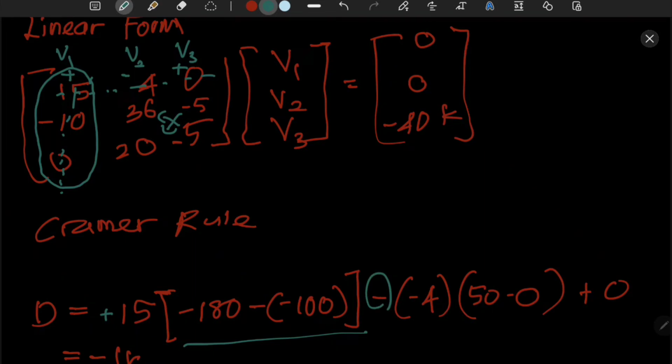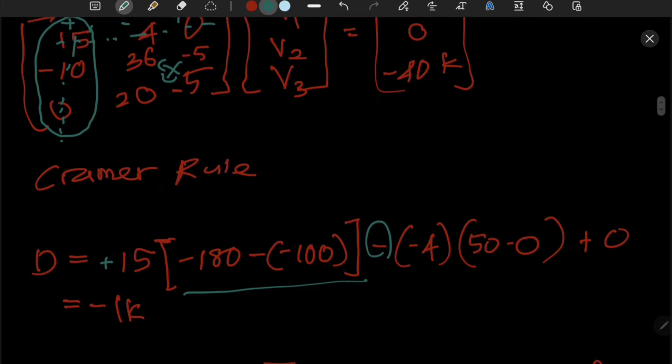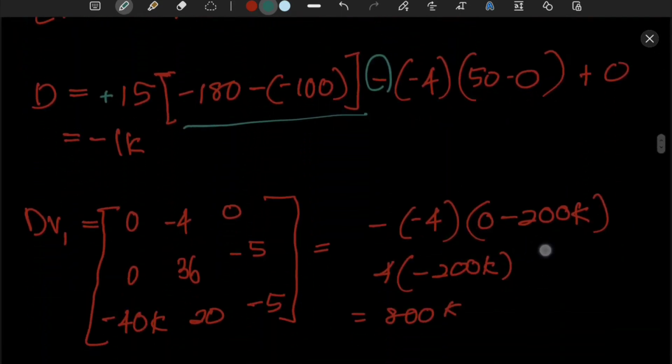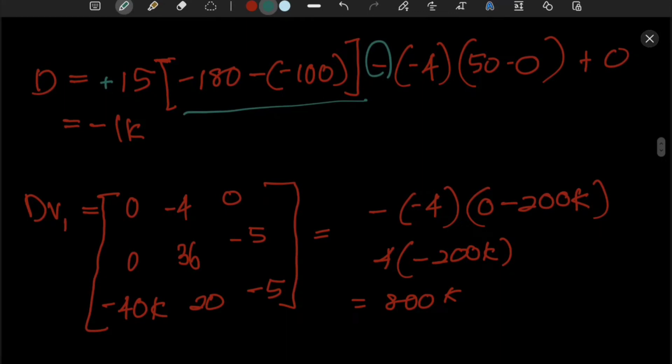We need to include it in this calculation. Then we calculate as normal, and we get the determinant, which is noted as T, which is negative 1000.